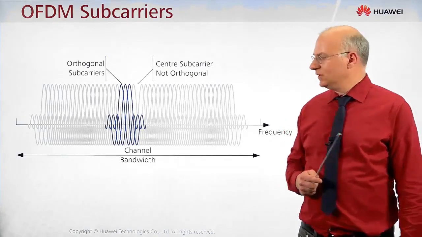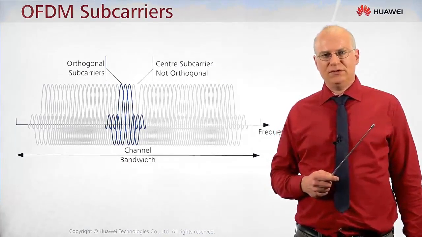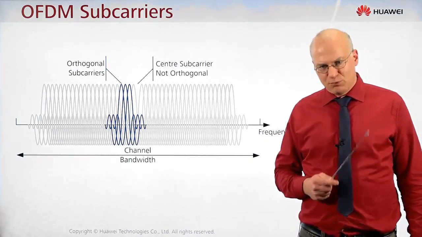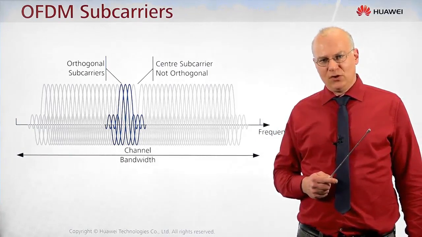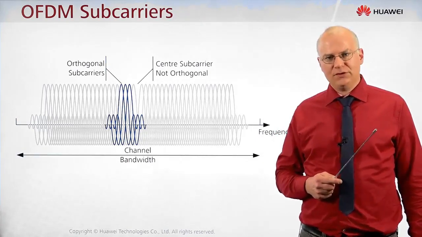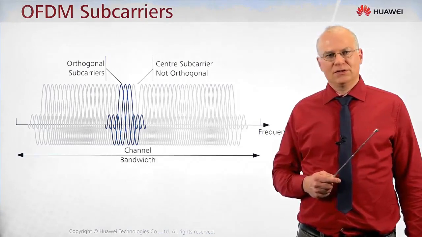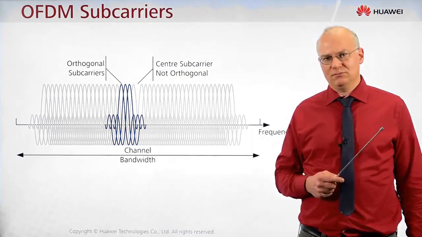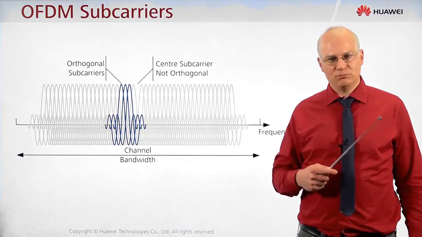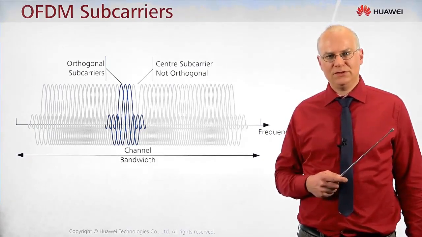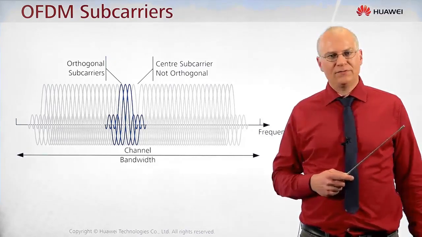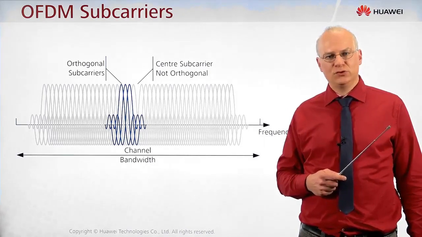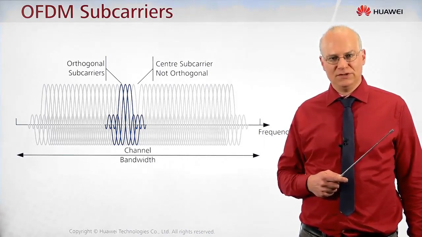It's different if we use orthogonal frequency division multiplexing. This principle is very old, about 50 years old, but at that time there was no technology to produce OFDM signals. Now we have fast signal processors, so it's very easy to produce OFDM signals.